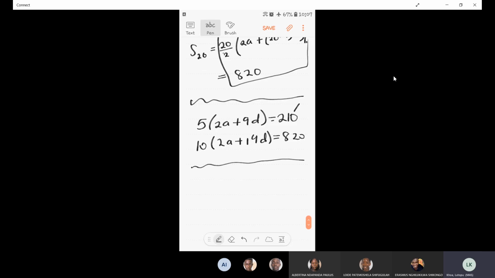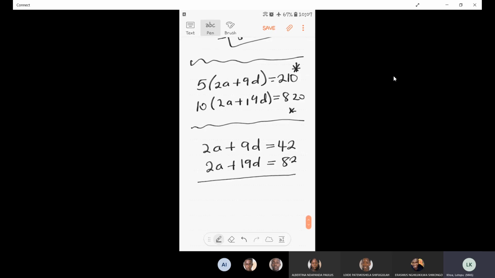Divide by 5 the first equation, divide by 10 throughout the second equation. So I will have 2a plus 9d equal to 42, and then 2a plus 19d equal to 82.